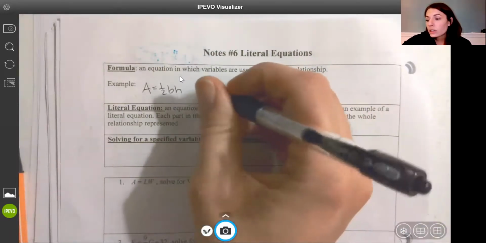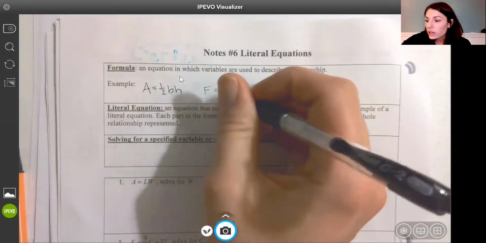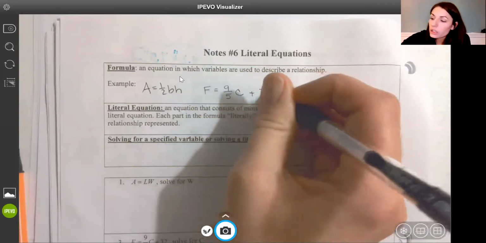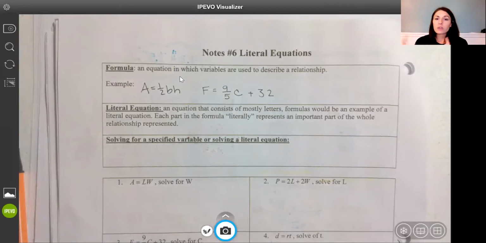There's a formula to convert from Celsius to Fahrenheit, where Fahrenheit equals 9/5 Celsius plus 32. So with a formula, we have these variables and they have a relationship. Formulas would be an example of a literal equation.